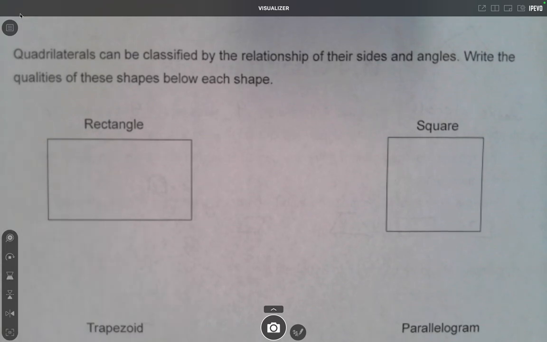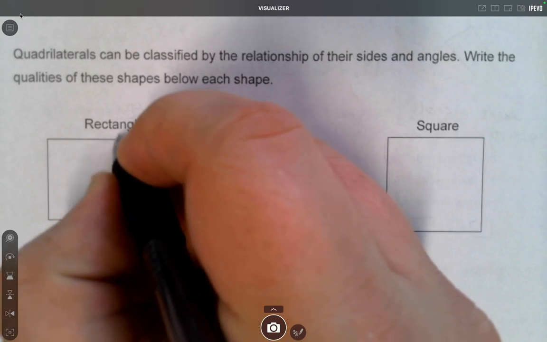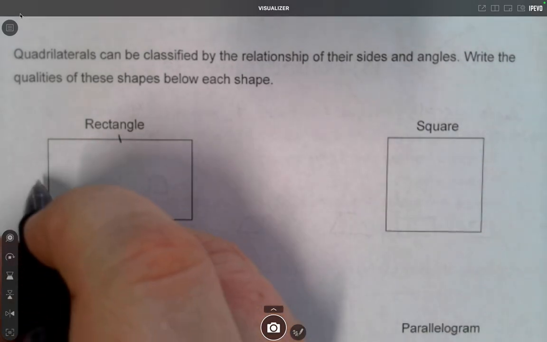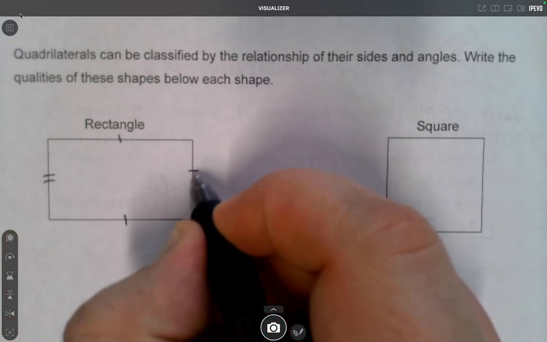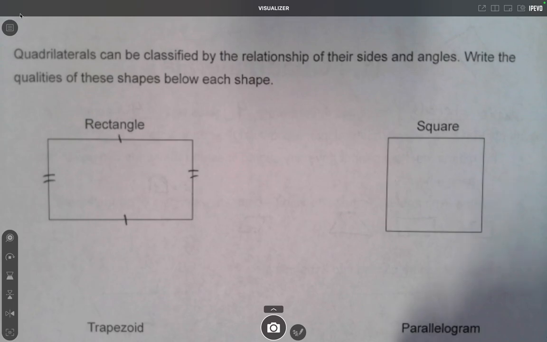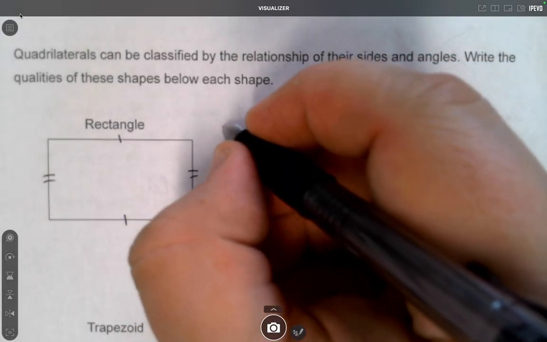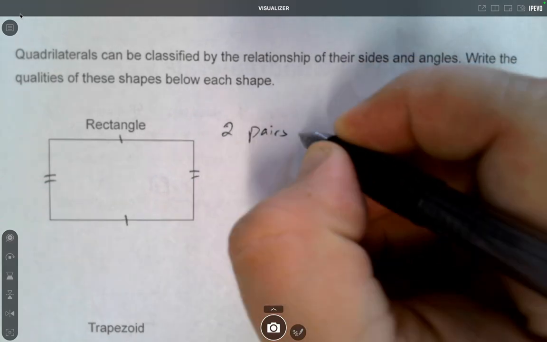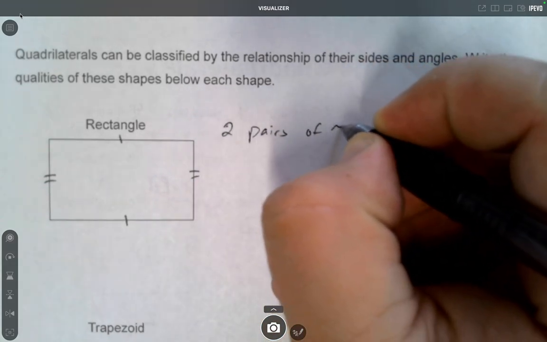So a rectangle, for example, this side and the side opposite that side have to be equal to each other, have to be congruent. This side and its opposite side also have to be congruent to each other. So that's one requirement for rectangles. They have two pairs of congruent sides.